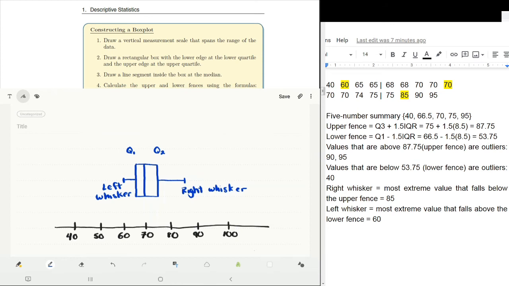Now, values that are outside of the fences are marked, typically with an asterisk. And so we found that the values 90 and 95 were outliers. So we'll draw an asterisk at each of these values, 90 and 95. And these denote the outliers.